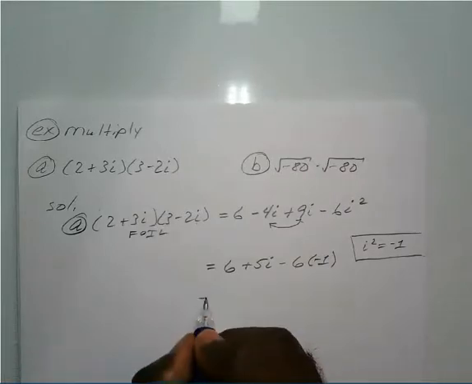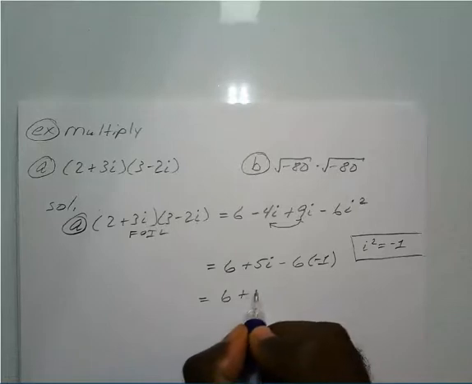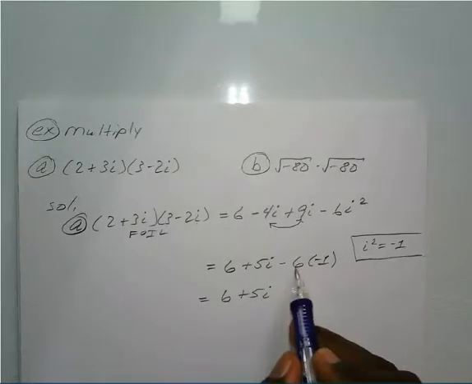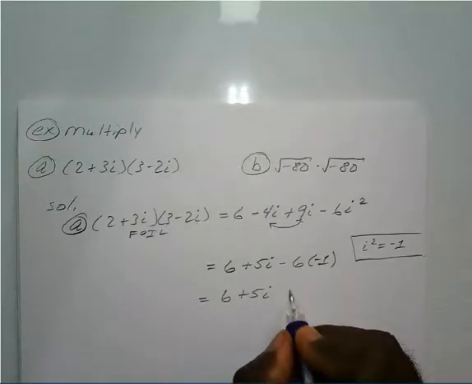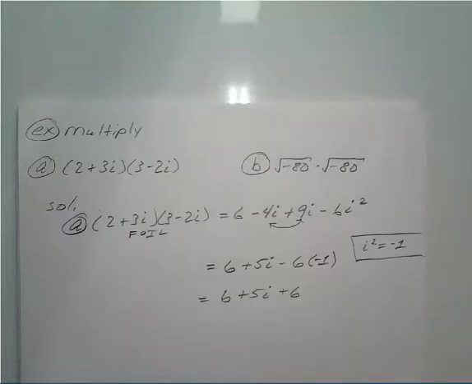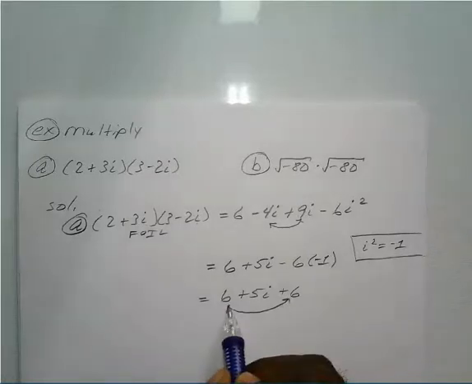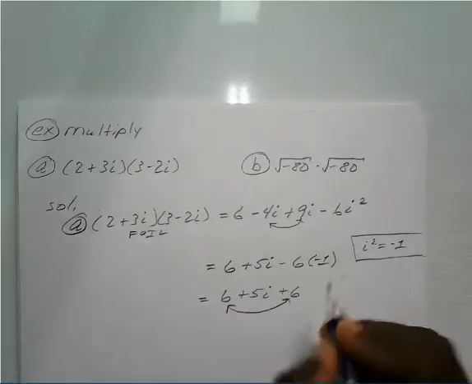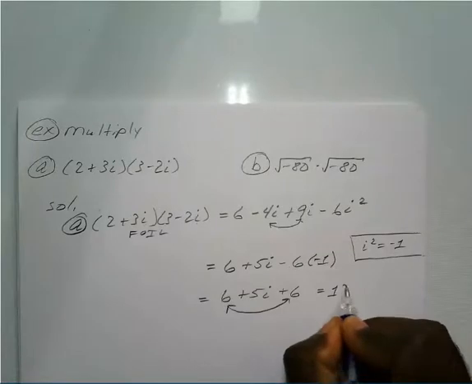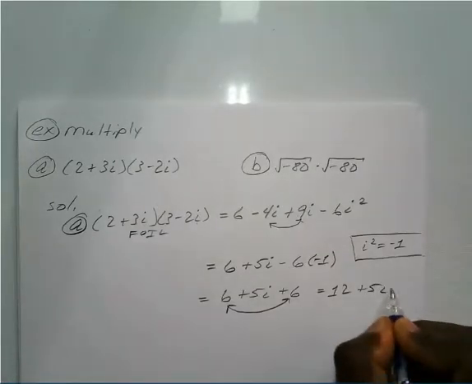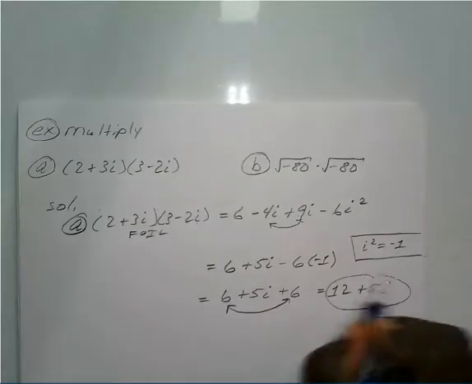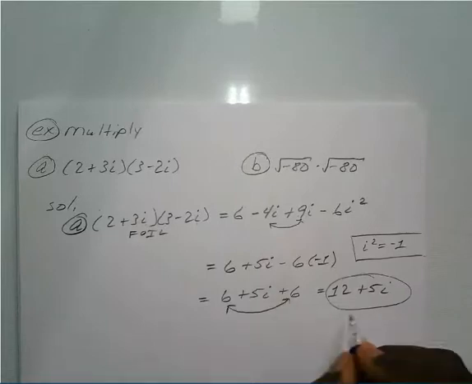So if we simplify those terms, we have 6 plus 5i. Negative 6 times negative 1 is positive 6. So we can combine those, 6 plus 6 is 12. So we have 12 plus 5i. Remember that's our a plus bi form.